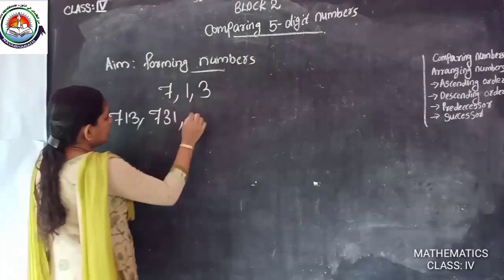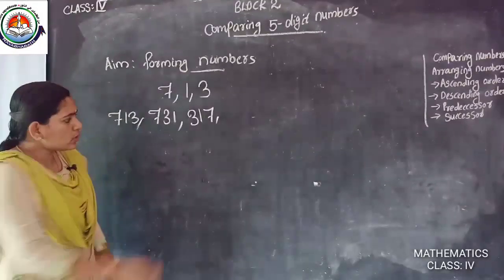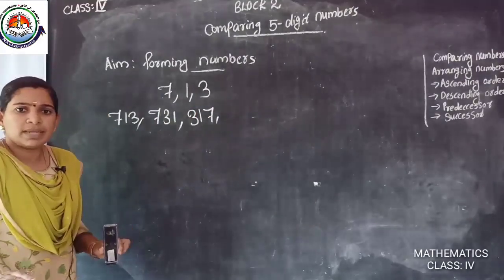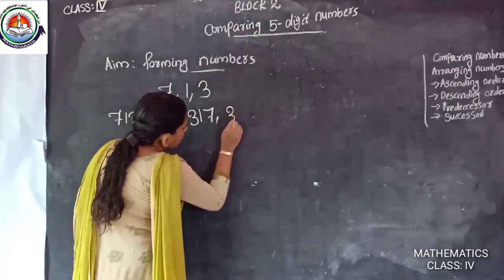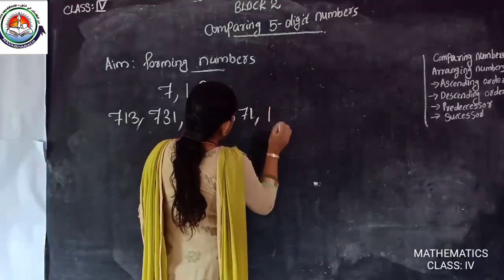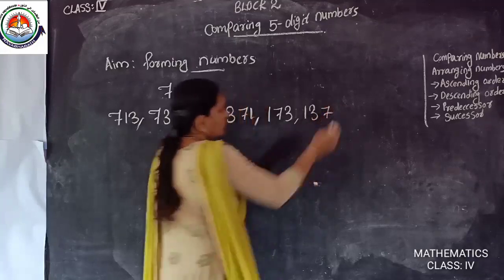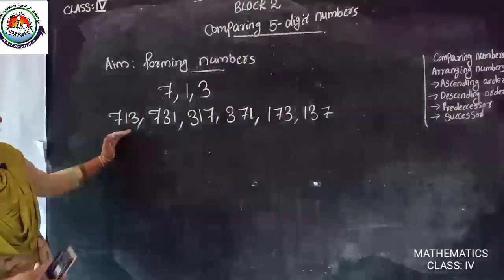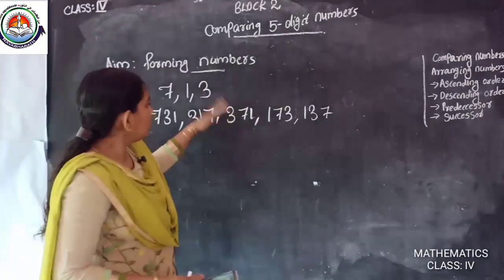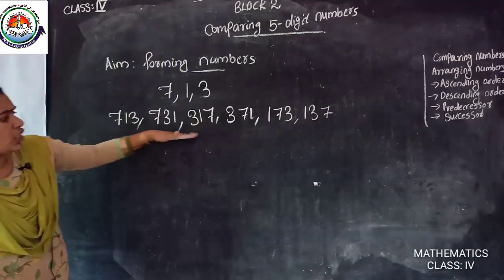No. So next, 317, 371, 173 and 137. Any repetition of the digits here?